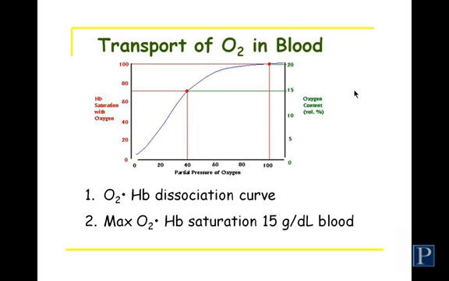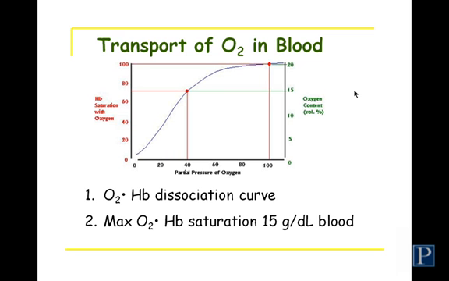You have 75% saturated, so you take 0.75 and multiply it by that 20.1 and you get 14.4. So it's close to that 15. So what has happened is that you have unloaded about 5 mils of oxygen for every deciliter of blood at the level of the tissue. So that's like normal conditions.